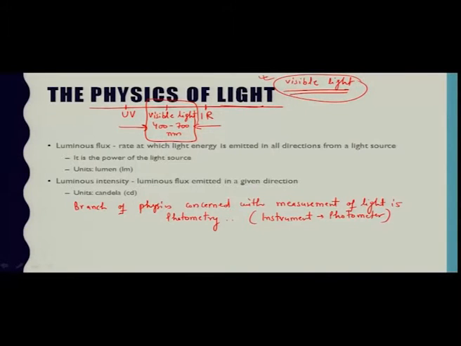So now, as far as understanding of physics is concerned, it is okay, but what is its ergonomic interest? The ergonomic interest in photometry is to provide the proper level of lighting and contrast among objects in a specific workplace where the workers are performing their work.